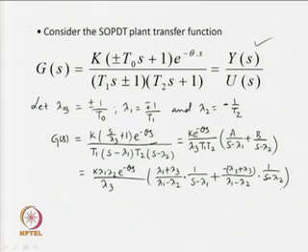Now, if I let G(s) be expressed in terms of output and input, that will enable me to write y(s) is equal to some constant C 1 times y 1(s) plus another constant times y 2(s).